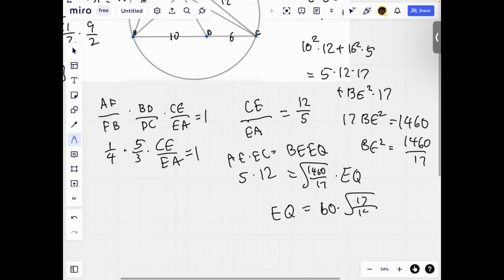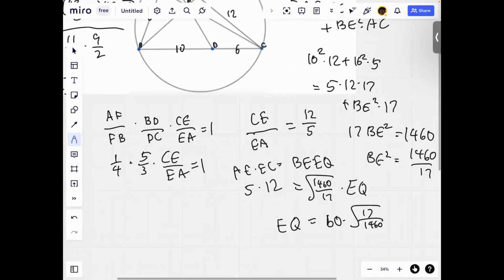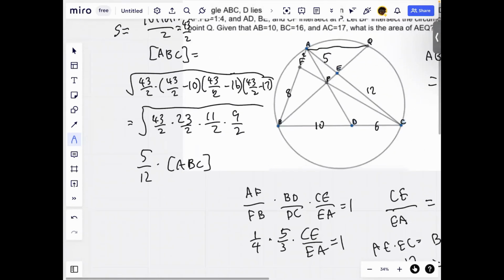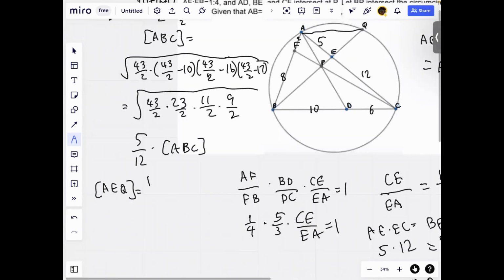So now putting this all together, the area of AEQ is equal to EQ, which is 60 times the square root of 17 over 1460, over BE, which is the square root of 1460 over 17, and then the area of AEB, which is just 5 over 12 of the area of ABC.